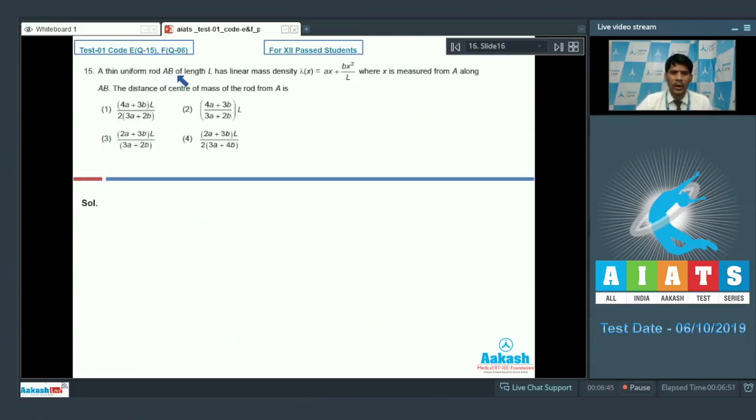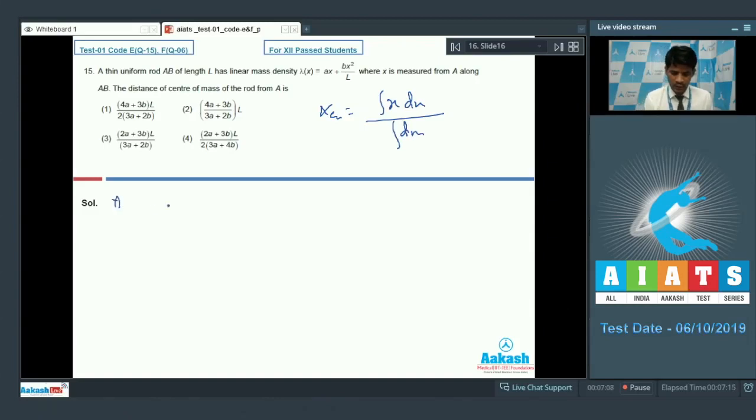A thin uniform rod AB of length L has linear mass density lambda of x equal to ax plus bx^2 by L, where x is measured from A along AB. The distance of the center of mass of the rod from end A is. We know the x center of mass has to be calculated as the integral of x dm divided by the integral of dm.